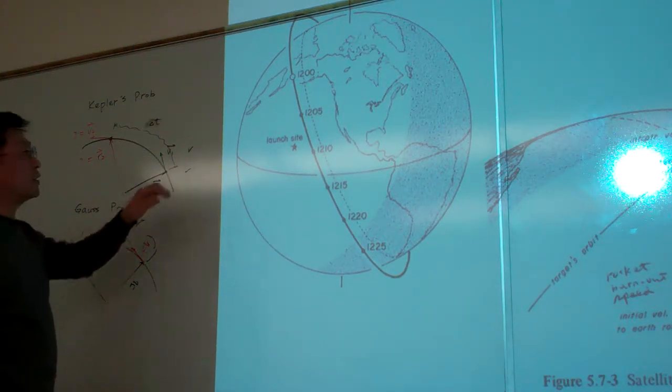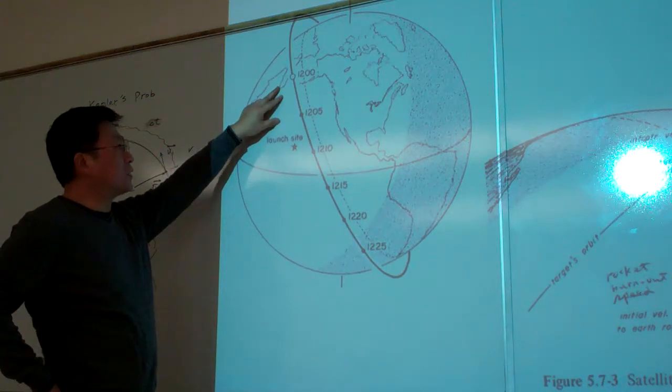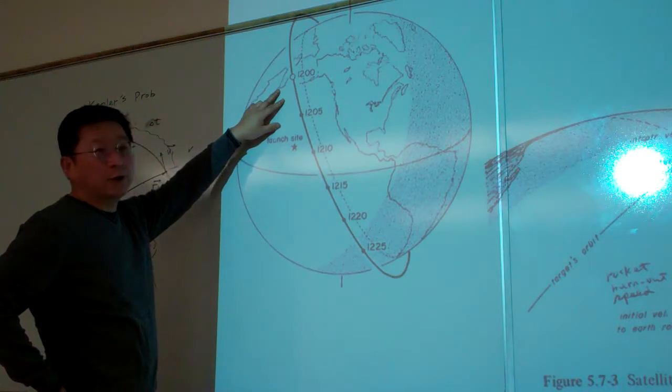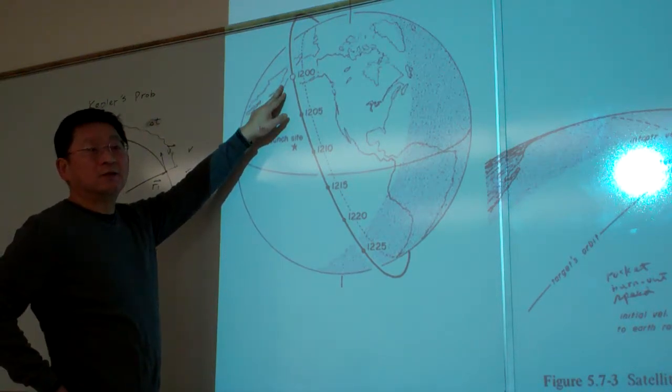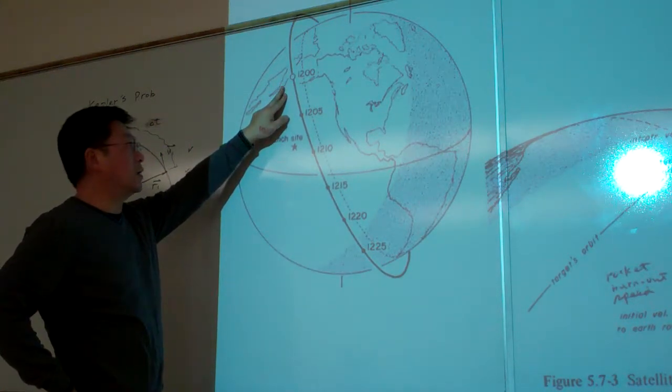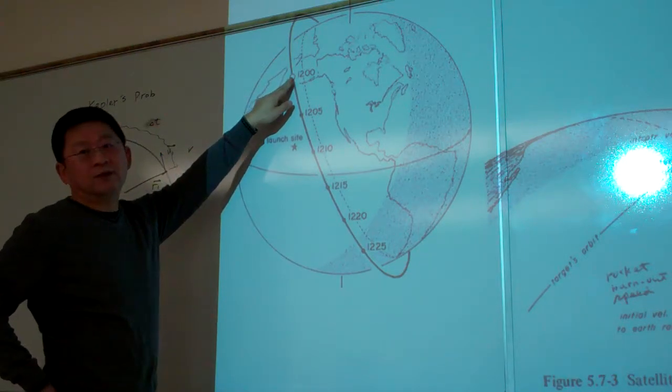For example, here, if we use our Alaska radars, we will be able to measure the position and velocity of a satellite at this moment.